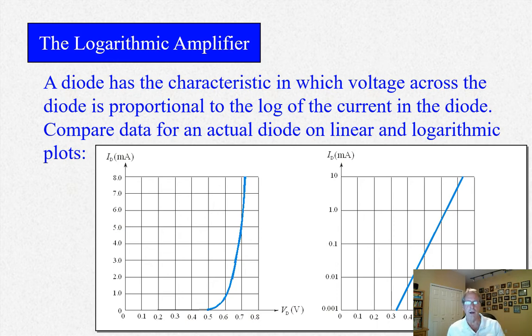This is very common in audio circuits for microphone circuits to prevent oversaturating the microphone preamp. Somebody talking very softly, it'll amplify that, but if they start shouting into the microphone, it'll reduce the gain. So it keeps the sound from getting crunchy.